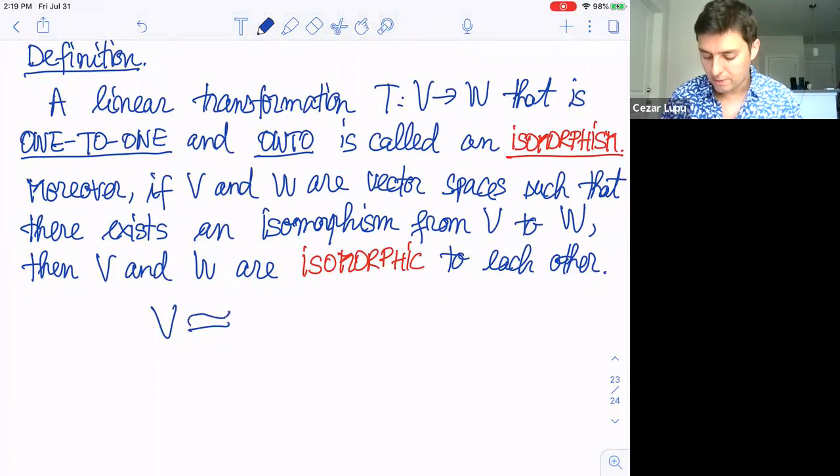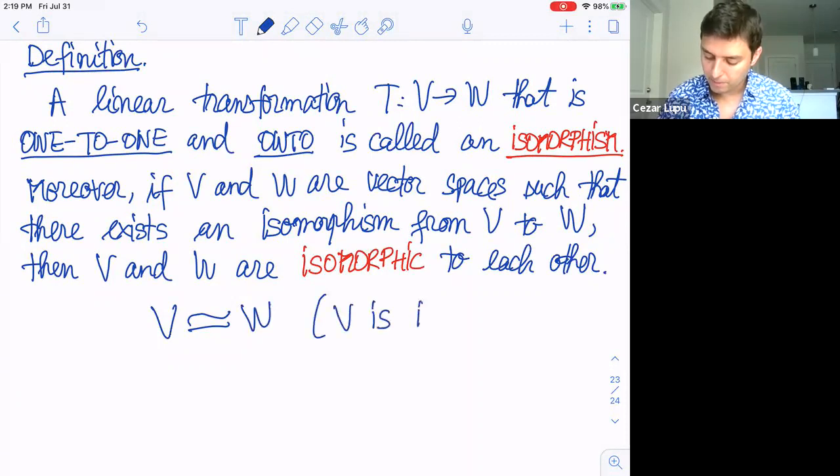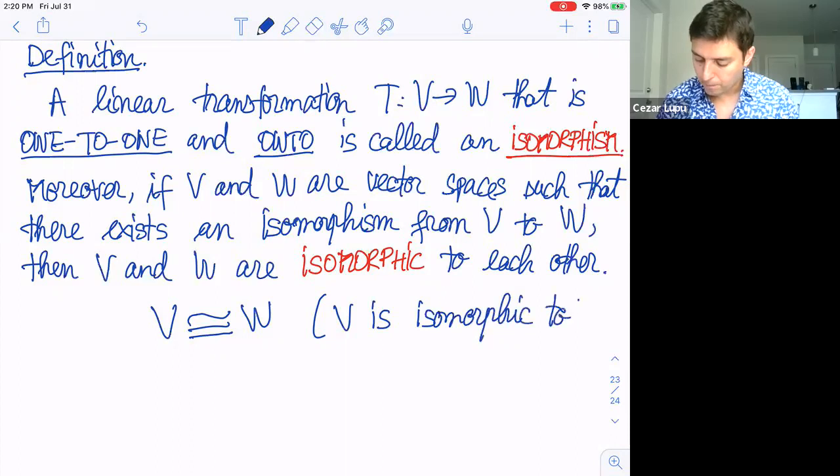So V is isomorphic to W. Sometimes they put even 2 here, but anyway, it doesn't really matter. They're kind of the same, but we will see examples of things that are isomorphic immediately.